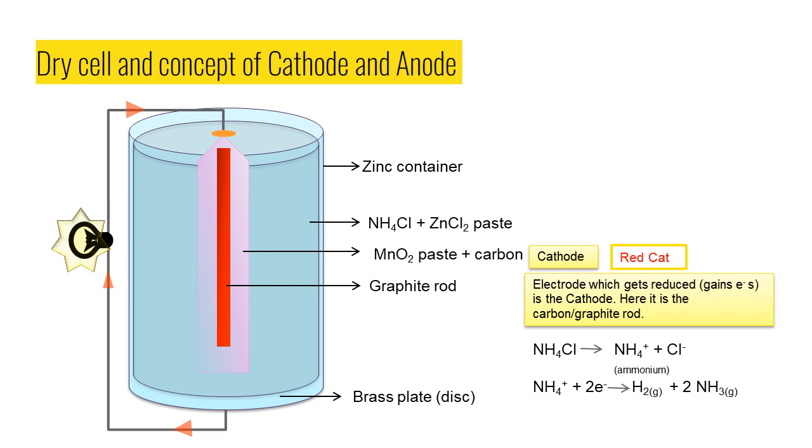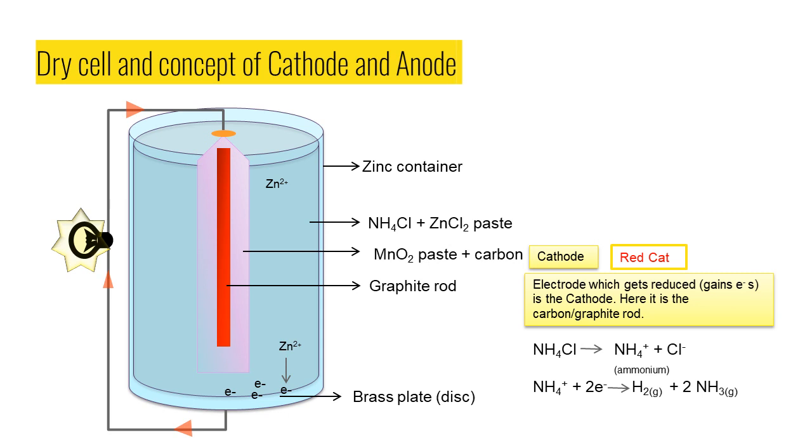When two ends of the cell are connected with a wire, zinc from the zinc container loses electrons and gets oxidized. So you have to understand this. Whenever any atom loses electrons, it gets oxidized.